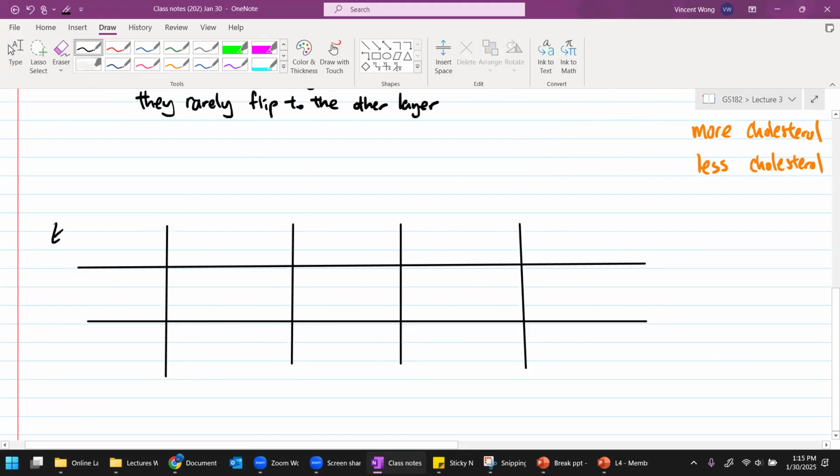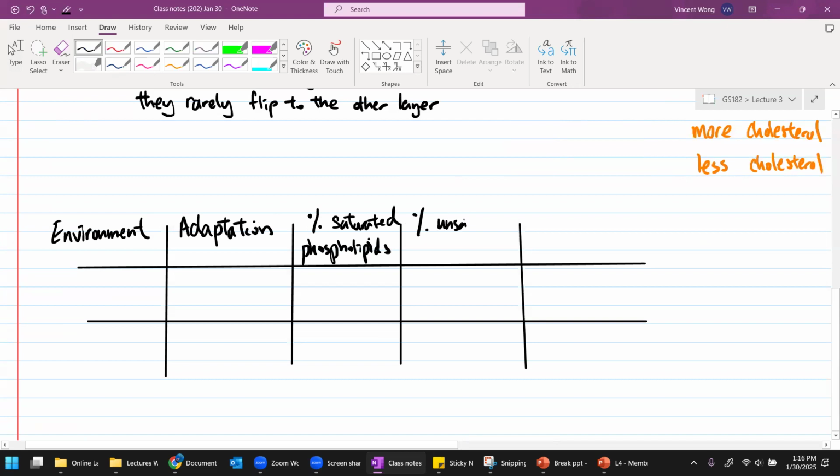Let's say we have environment here, and we have adaptation, percent saturated phospholipid, percent of unsaturated phospholipid. I'll draw a picture to help you visually distinguish the two. And percent cholesterol.